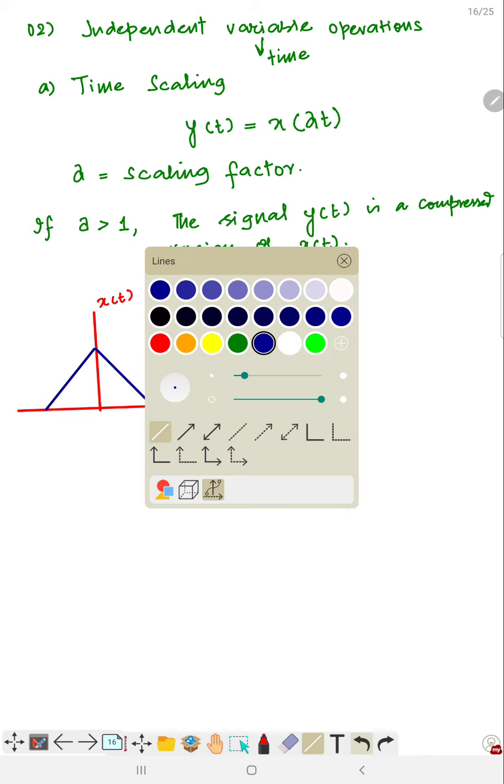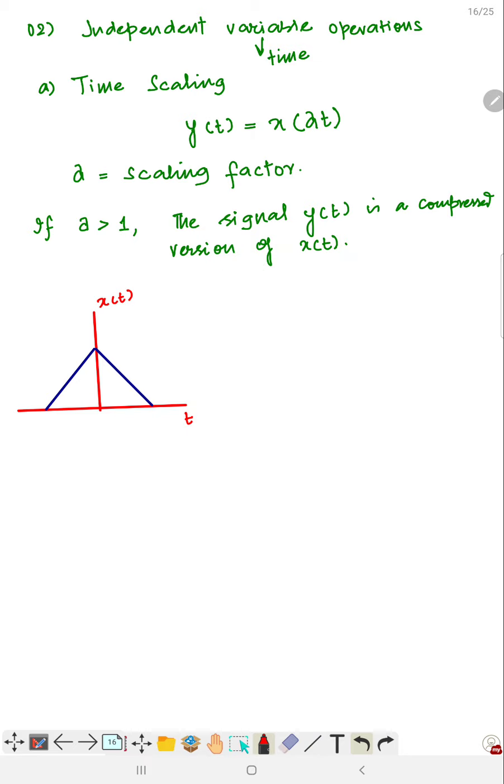Let's suppose the signal is defined between two points, -1 and +1. This is x of t. And let's suppose my scaling factor has a value of 2, so that my resultant signal y of t is x of 2t.